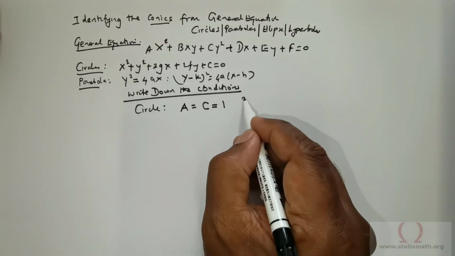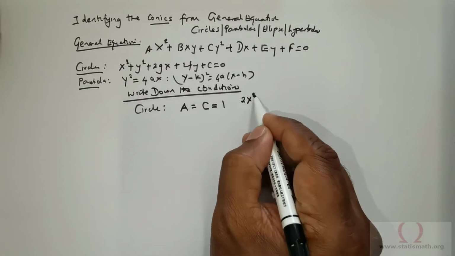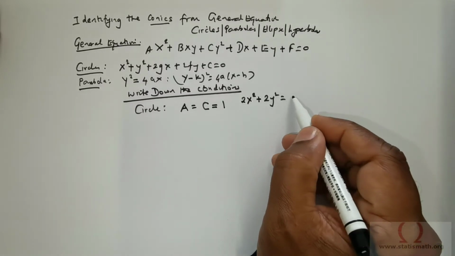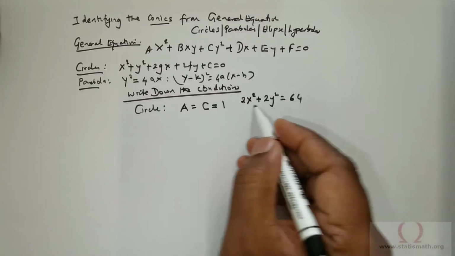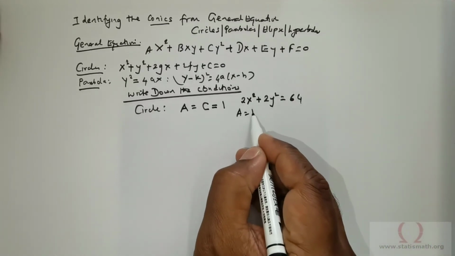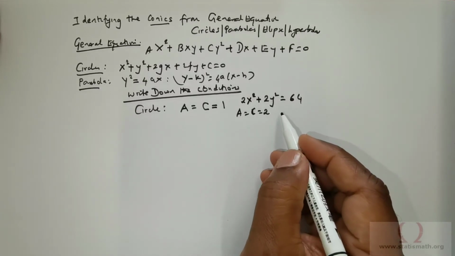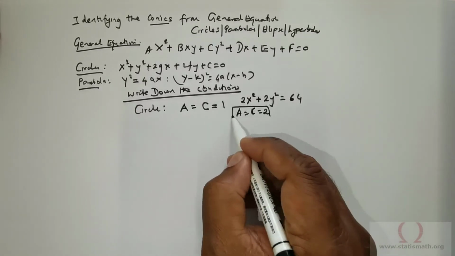Say for example, if I have a system like this, say 2x squared + 2y squared = 64. In this case, a is equal to c, but they are not equal to 1, they are equal to 2. So what can I do here?